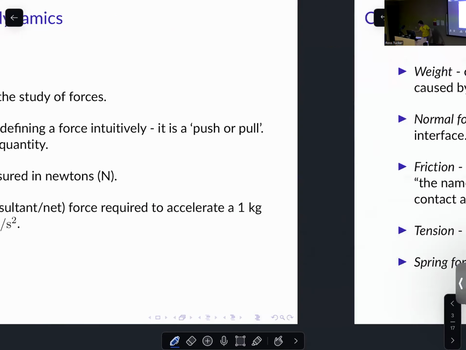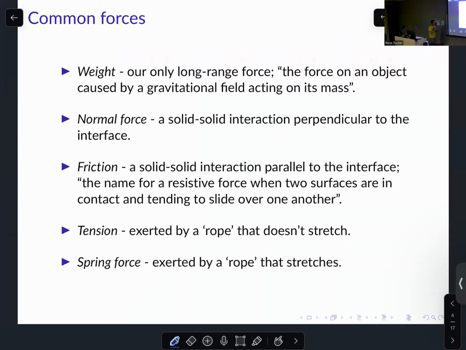Okay, now here I haven't yet told you this, so listen up carefully. Here are probably the 5 most important forces that we're going to deal with. I might throw in other kinds of forces here and there, but here is sort of your zoo of the most common forces, not animals, the common forces that you need to know about.